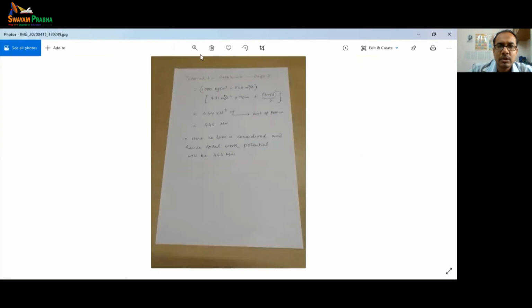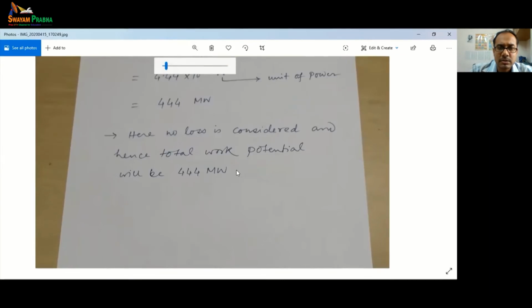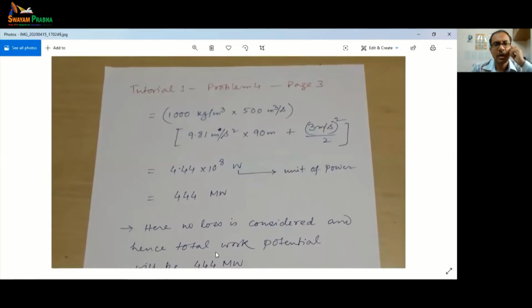Let me zoom this out a little bit. Now everything is given. Again we write each and every term along with its full unit. In this case the unit of the density of water is kg per meter cube.